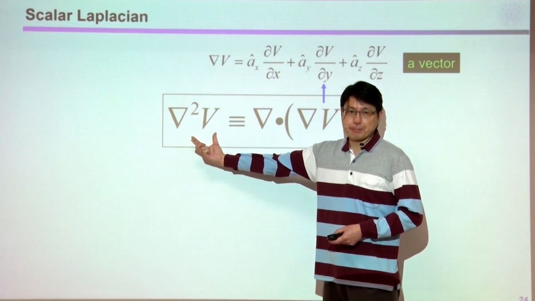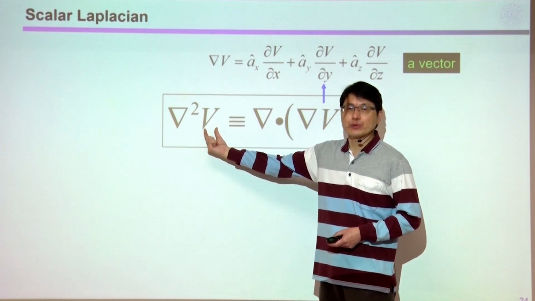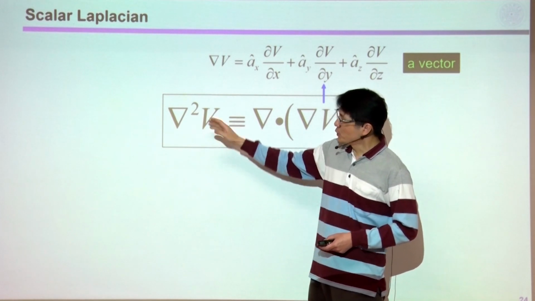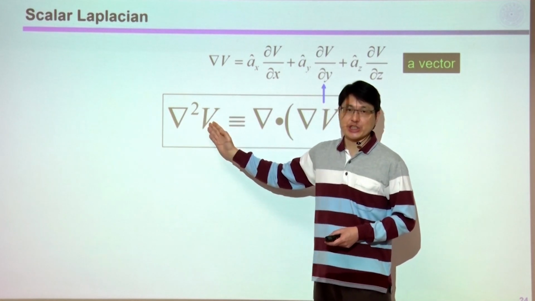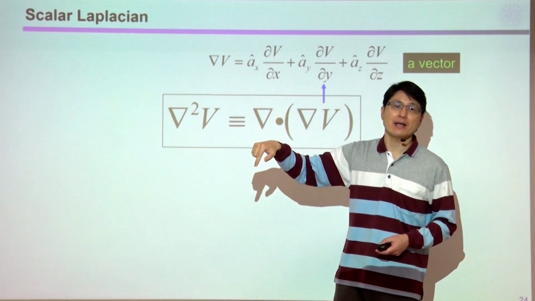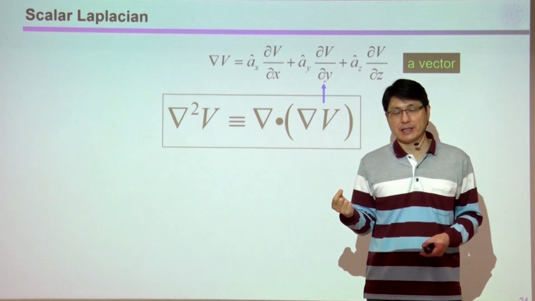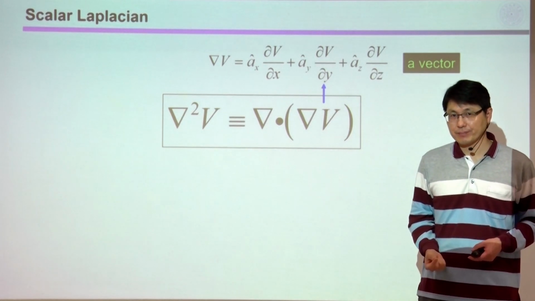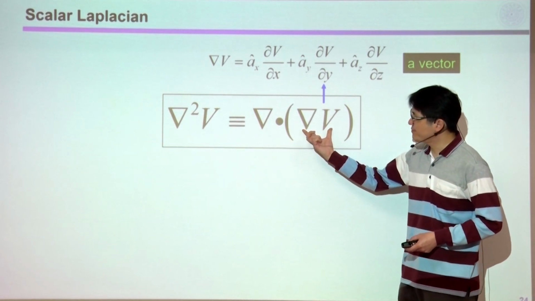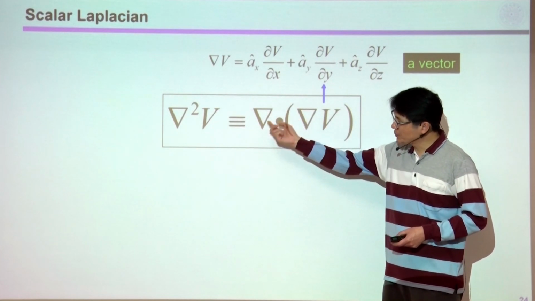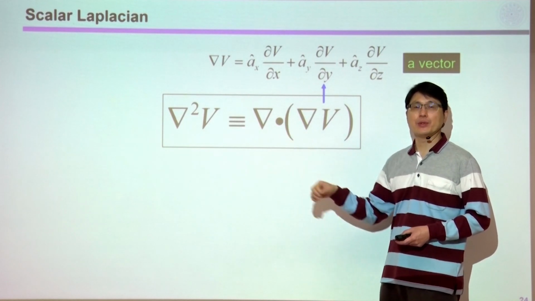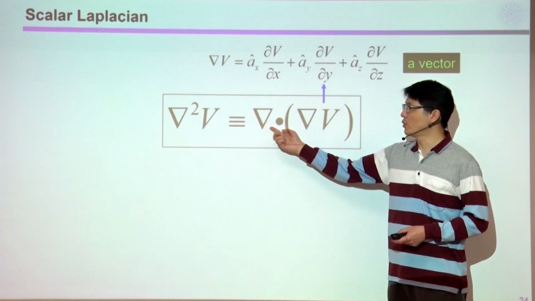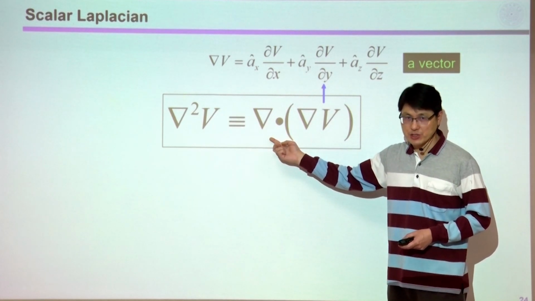Scalar Laplacian implies you start from a scalar, you perform a twice differentiation, but you arrive at still a scalar. So now you have a vector and you want to perform differentiation and you arrive at a scalar, so the only choice you have is divergence.